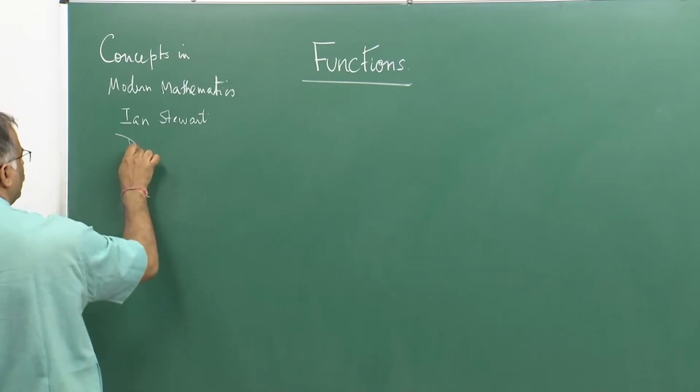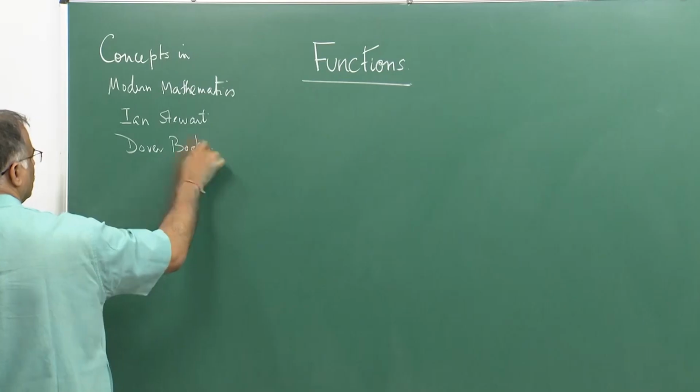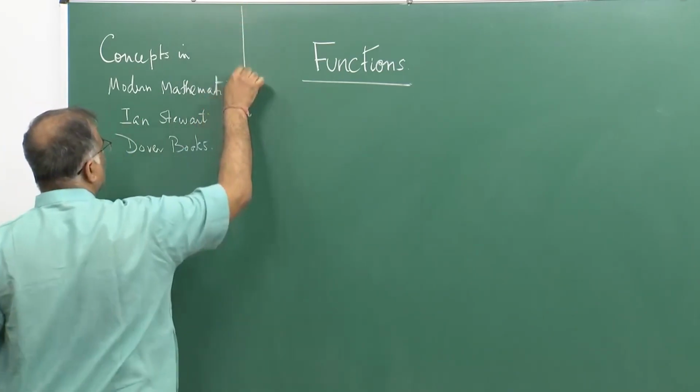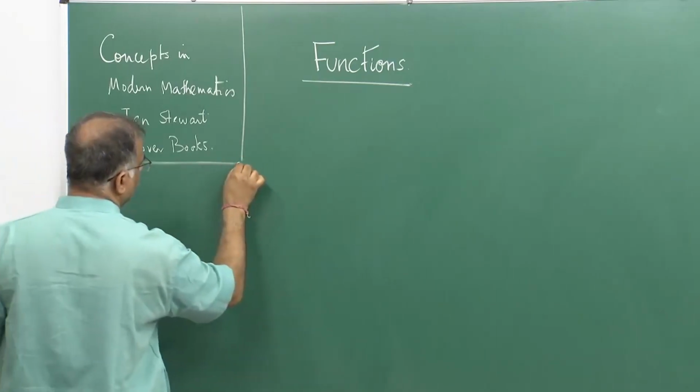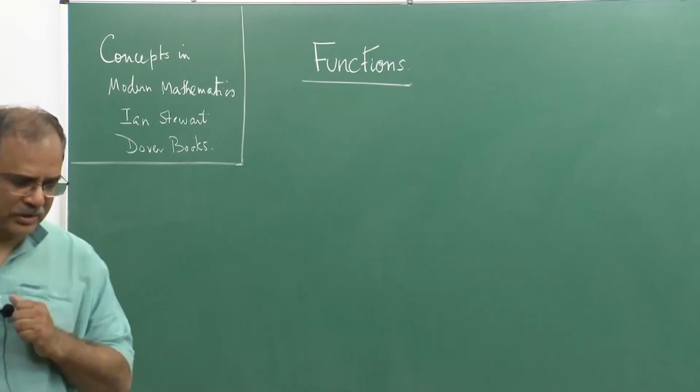It is published by Dover Books, and by the way, your school libraries can have it, and I think this is something which most, even all students of mathematics should have a look at, or anybody who has some interest in mathematics.